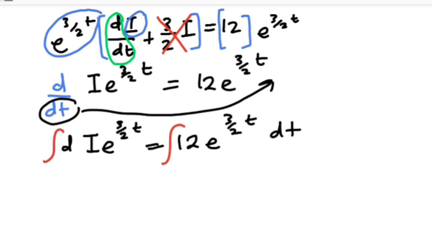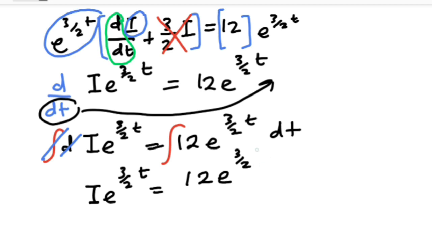The integration sign and d cancel each other, so for the left hand side we are left with I e^(3/2 t) equals, and 12 is just a constant. How to integrate the exponent? We just copy back the expression, differentiate the power, and divide by 3/2.